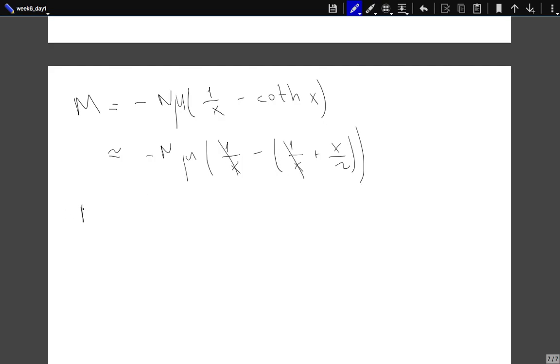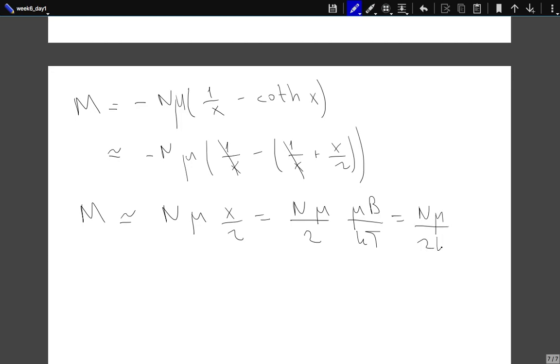Well, these will cancel, so magnetization is n times mu times x over 2. x is mu times b over k t, so it is n mu squared b over 2k times 1 over t. Basically the magnetization of my system at very large temperatures is C over T.